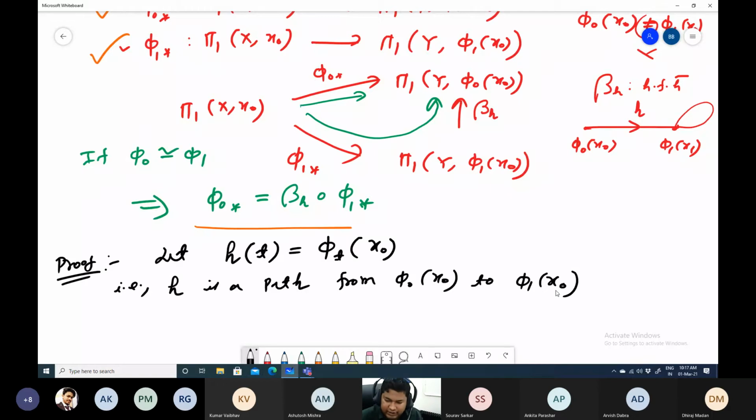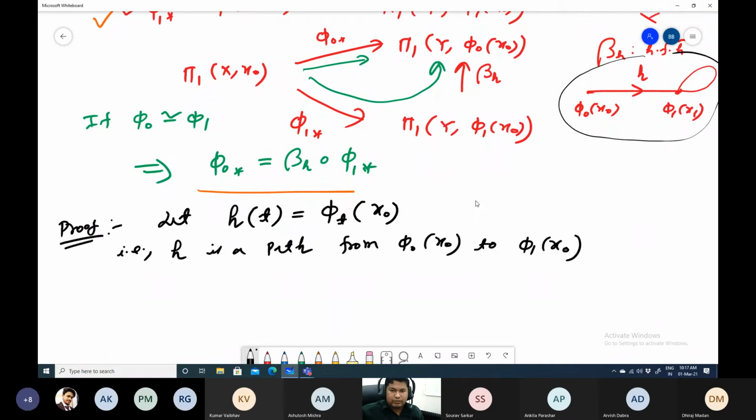Okay, see here I have written that h. Right. Now with this h you can define a map from this space to this space.